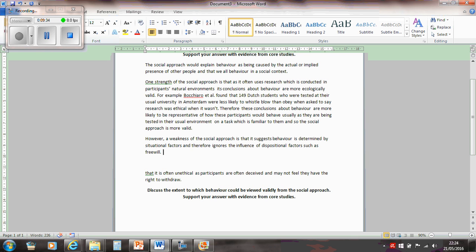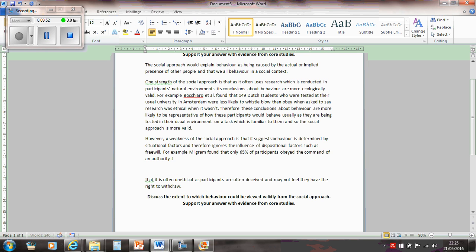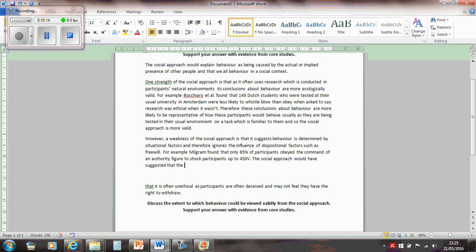What's the next combination? For example, Milgram found that only 65% of participants obeyed the command of an authority figure to shock participants to 450 volts.